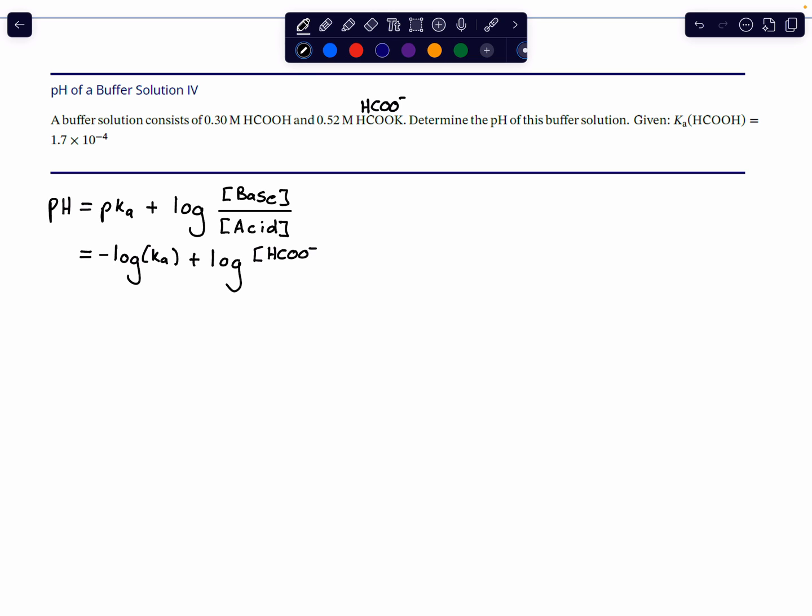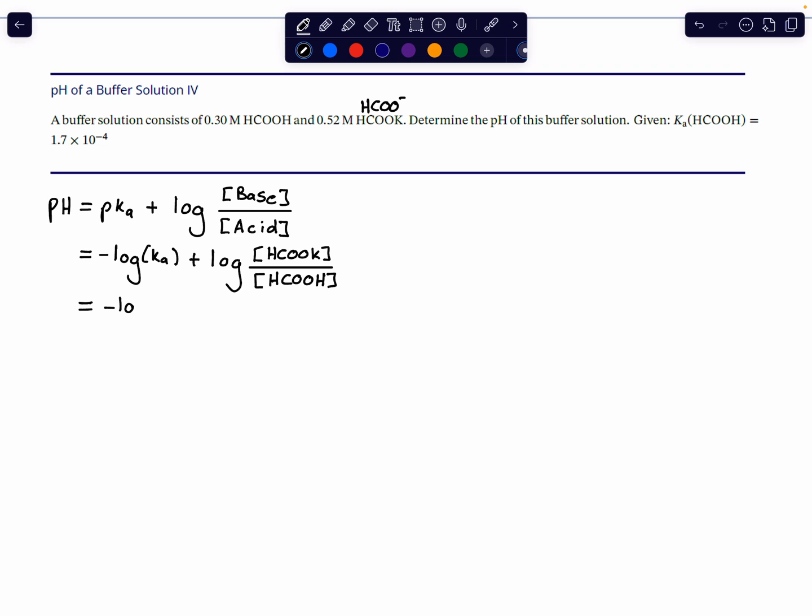You can also say HCOO minus, or it will be the same as the entire salt, and the acid is the formic acid.